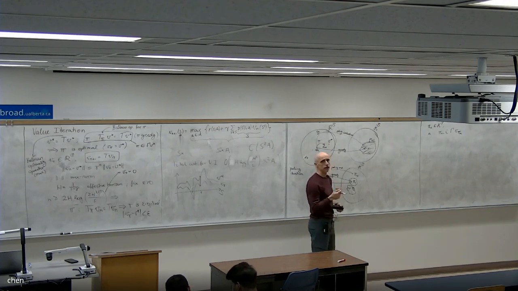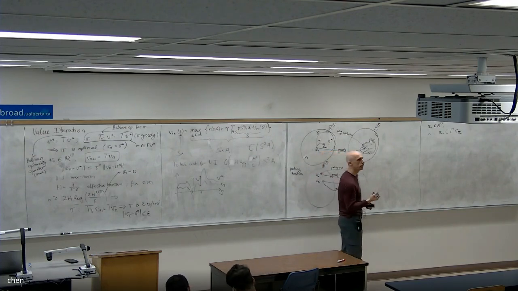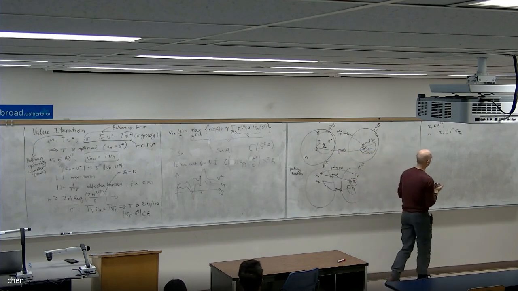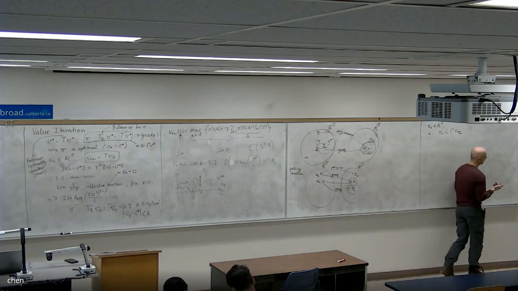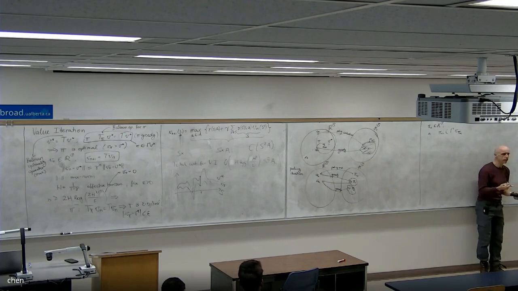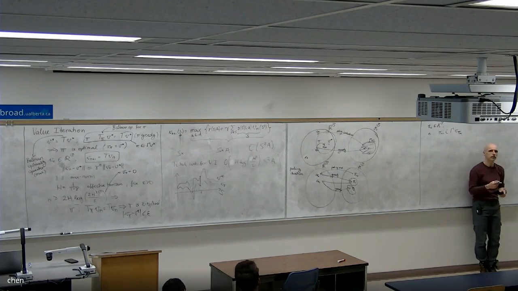There is some subtlety here. If you want this procedure to be sensible, then when you have multiple choices, because you have ties when you're choosing the greedy actions, you should be choosing in a consistent fashion.